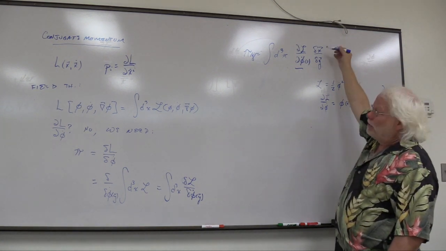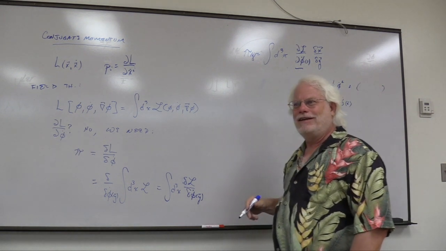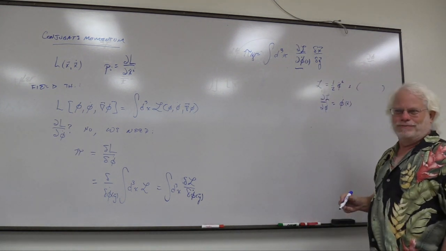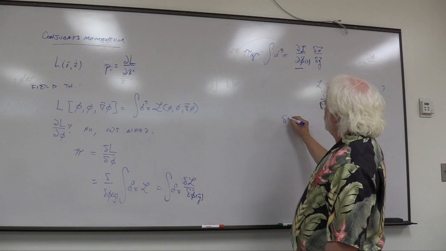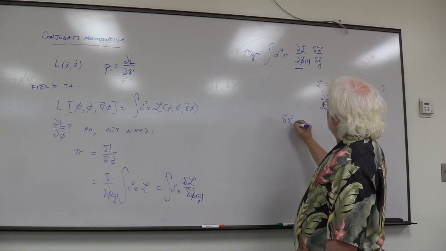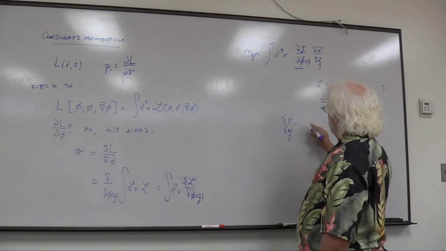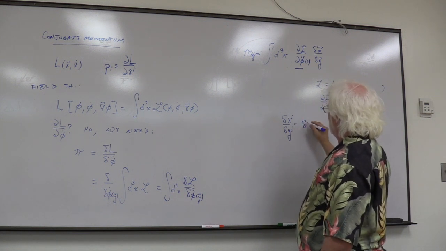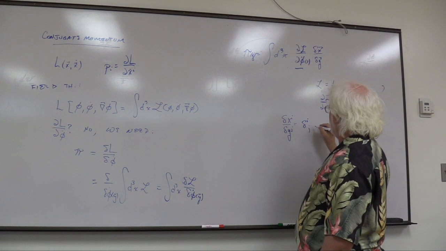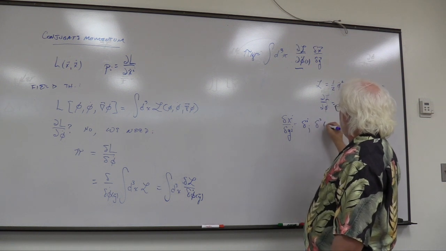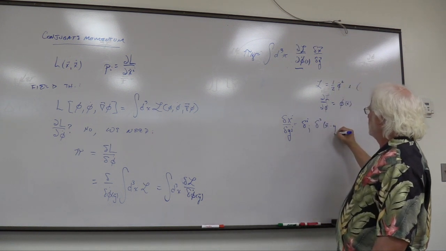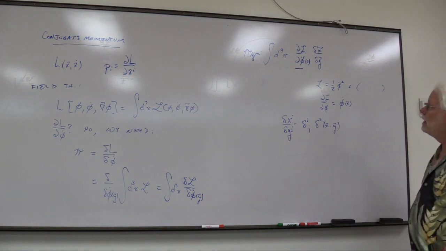But the change of one set of parameters with respect to the other is a direct delta function. So the partial of x_i with respect to y_j is going to be delta ij, and then delta 3 of x minus y.